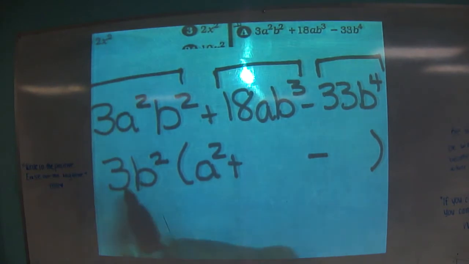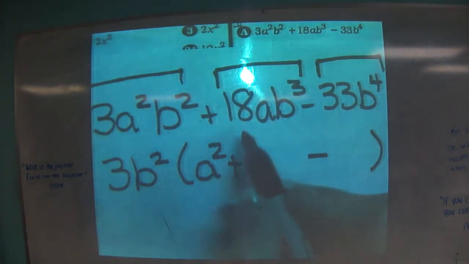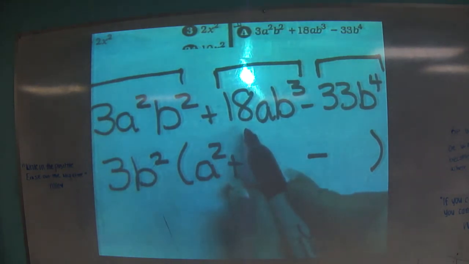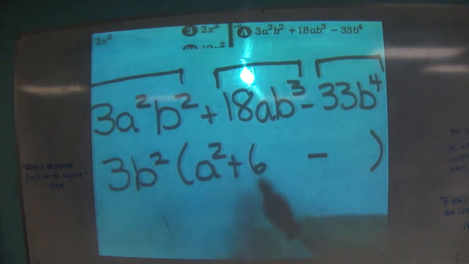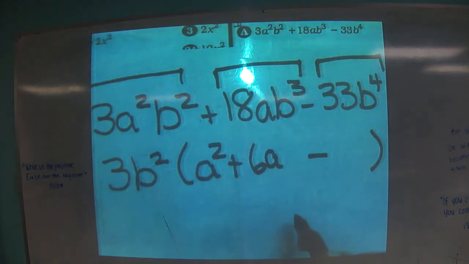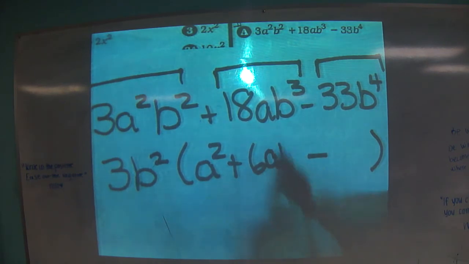Okay? So after we take 3b squared out of 18ab to the third, what do we have left? 3 times what is 18? 6. We don't have an A, so we better leave the A. B squared times what is B to the third? 1B, right?